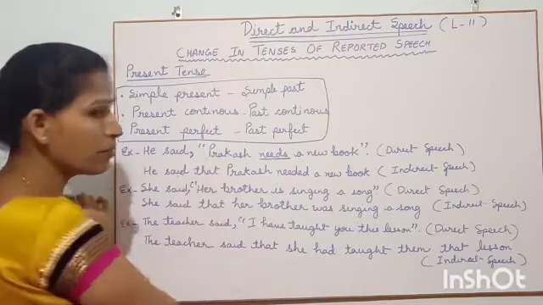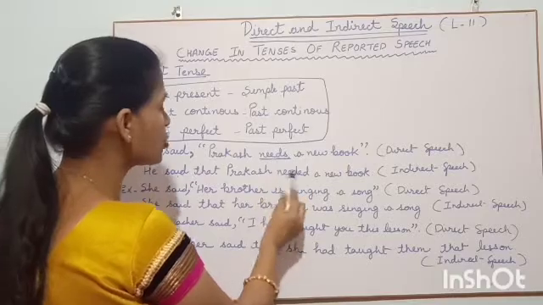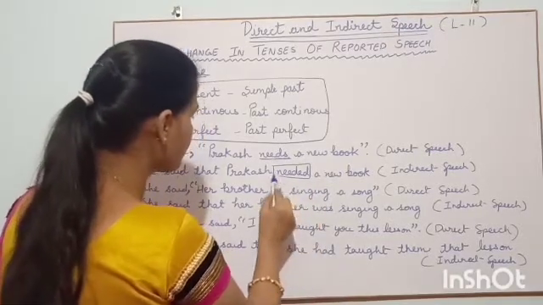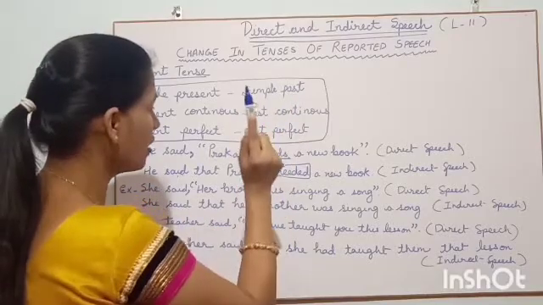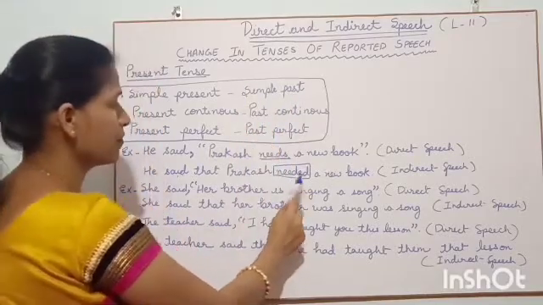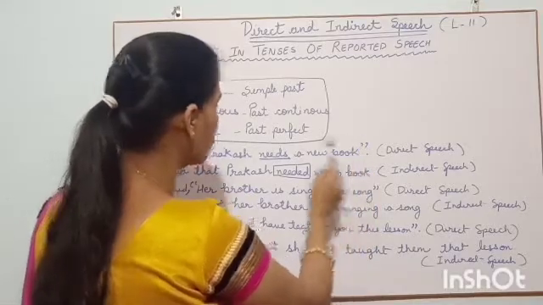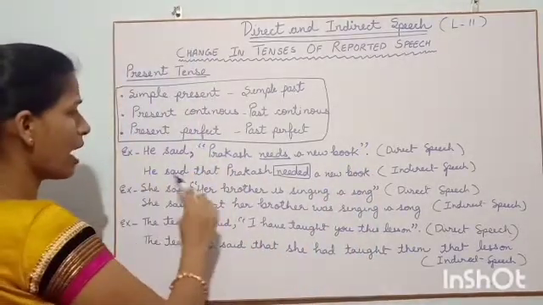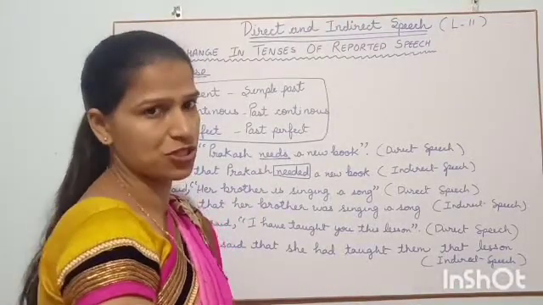Then double quotes will be removed. We will write Prakash. Needs will change into needed. Why? Showing you the simple past. Needed what? A new book. We have removed the quotes and the comma and we have made a sentence in indirect speech.